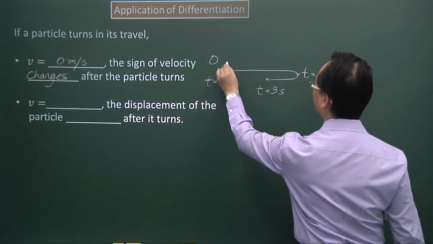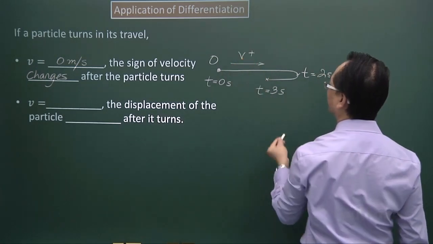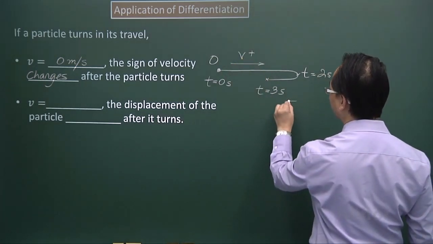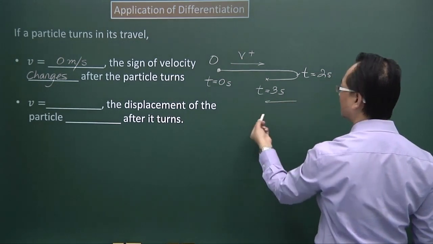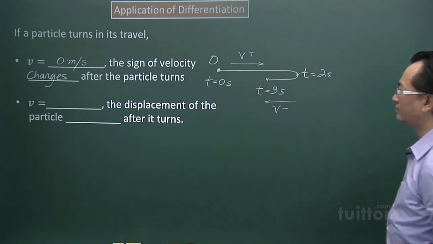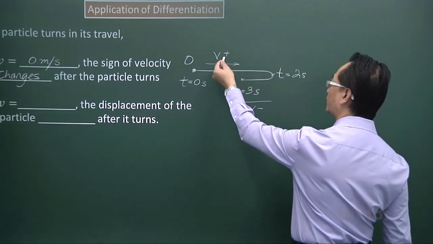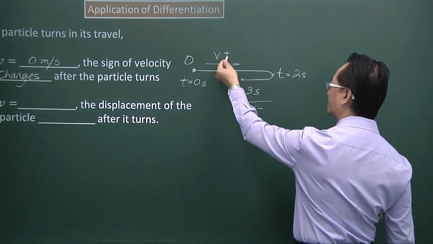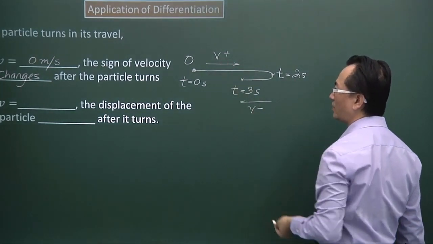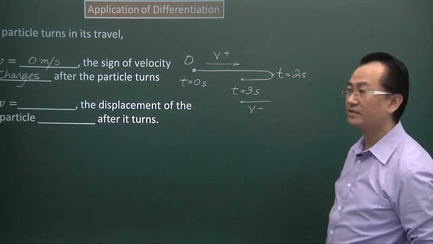Well, if I say that the velocity is positive going this way, then the velocity returning to the origin would be a negative value. Or if that is going to be a negative value for velocity, then that will be a positive value. So there is a change in the sign.